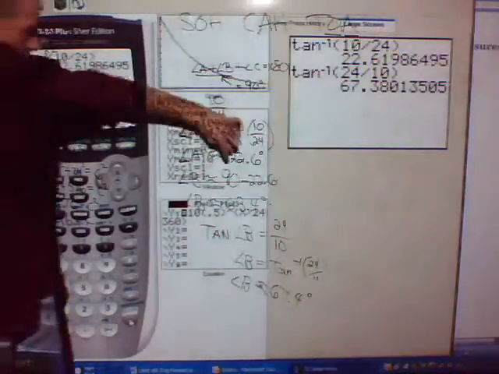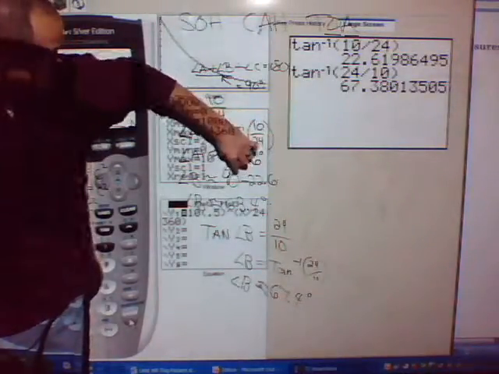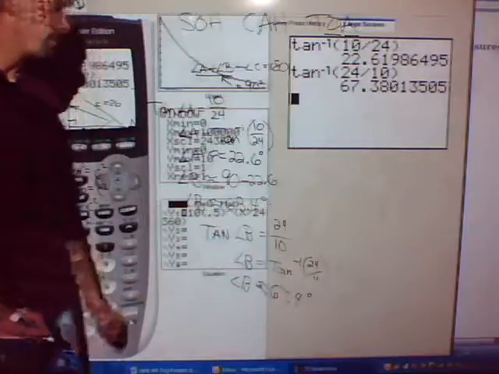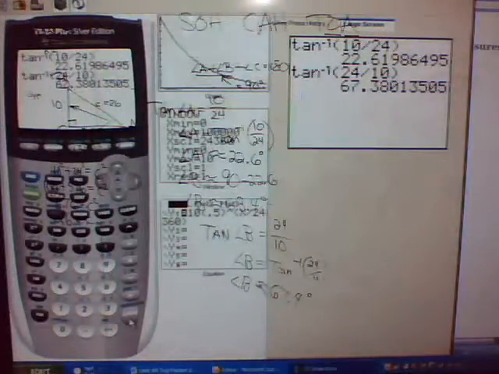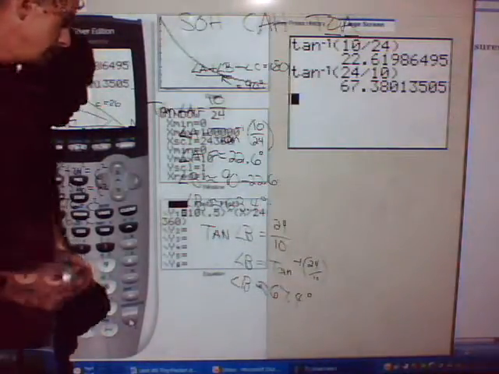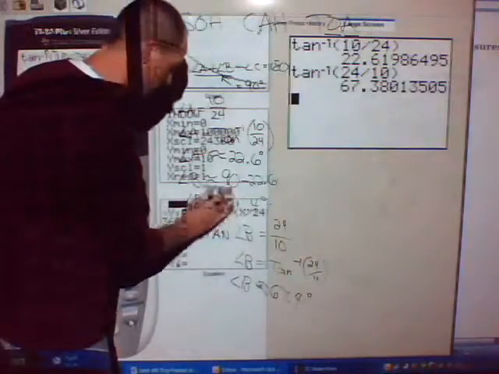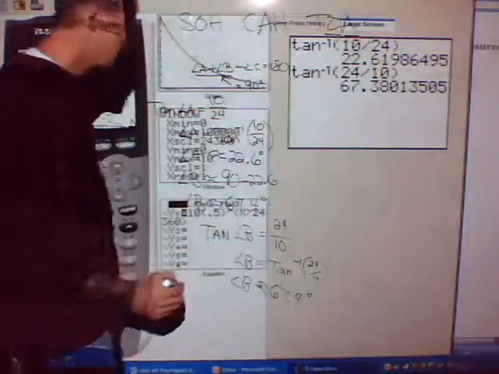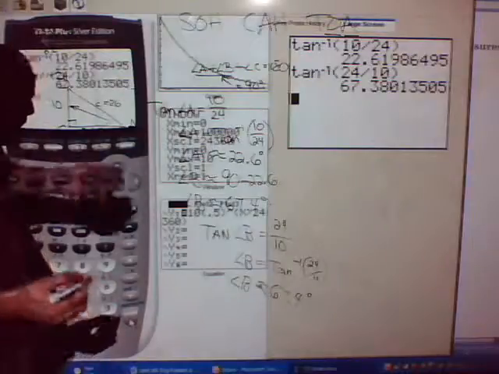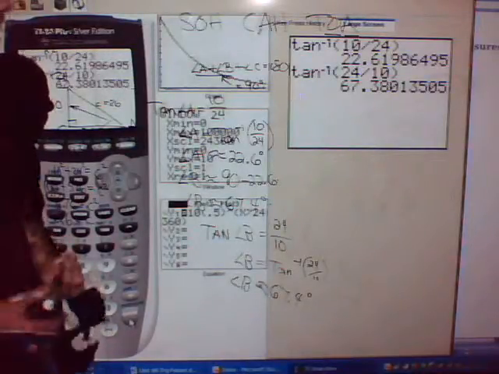If you subtract 22.6 from 90, that's 67.4, not 73.4. Sorry, I messed up yet again. There we go.